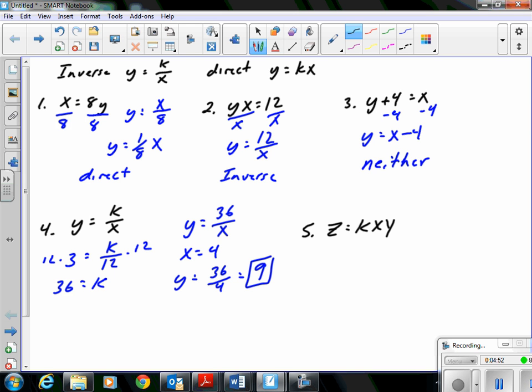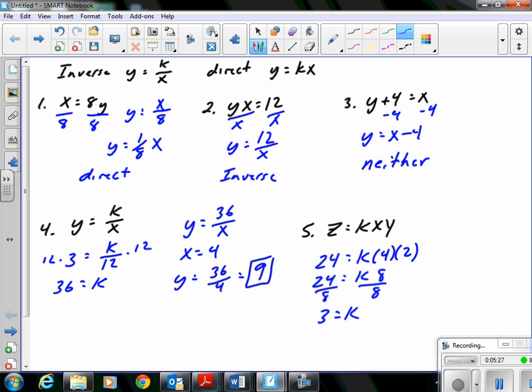So they tell us that z equals 24 when x equals 4 and y equals 2, so 4 times 2. So it's going to be 24 equals k times 8. Then to get k by itself, we divide by the 8. So our k value is 3.